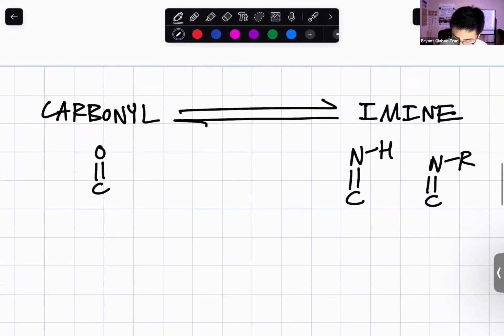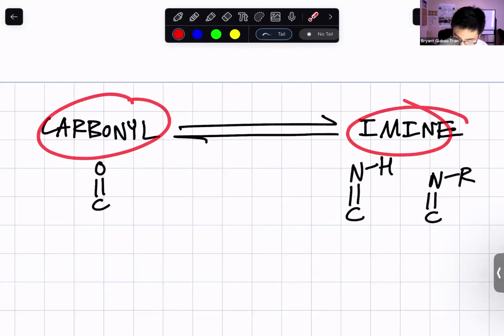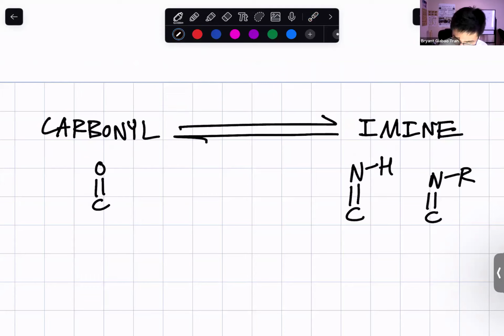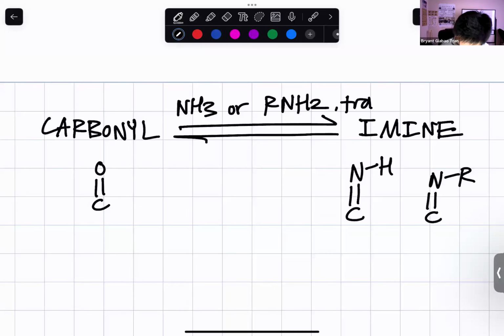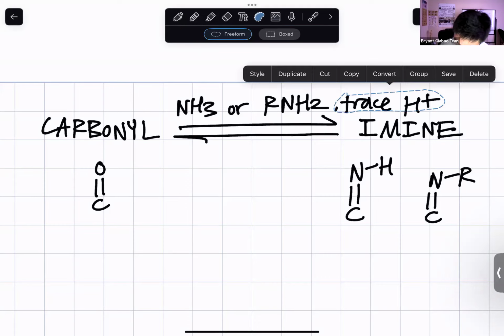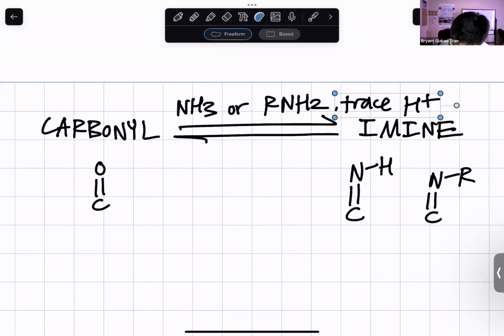To convert a carbonyl into the imine, what we need is either ammonia or a primary amine with a trace or dilute amount of acid. I'll show you why we need a dilute amount of acid when I go over the mechanism.